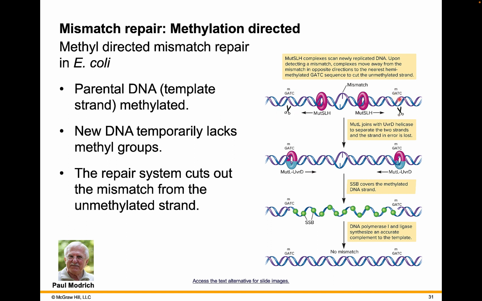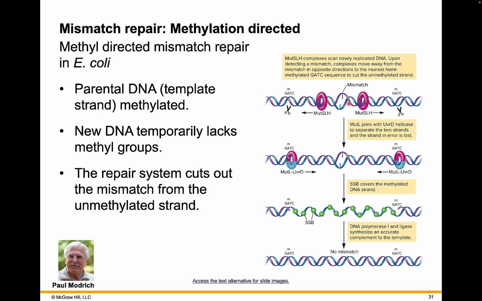So what is DNA methylation? In DNA, at certain sequences like GATC, these adenines are methylated, and this is a mechanism by which the nucleases cannot easily digest the DNA, and this is for the stability of the DNA. That's why the DNAs are methylated.